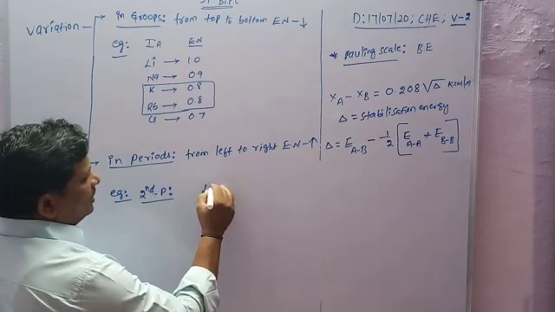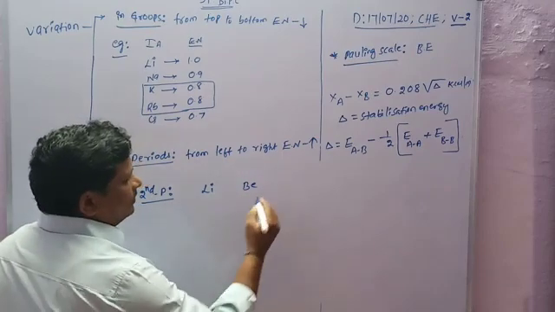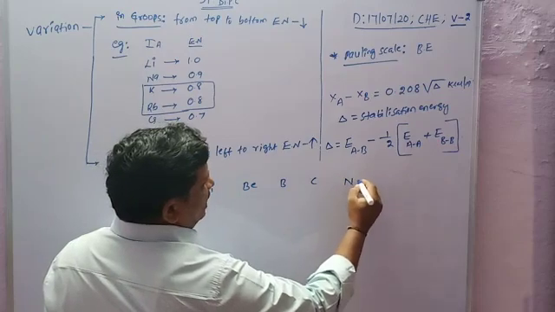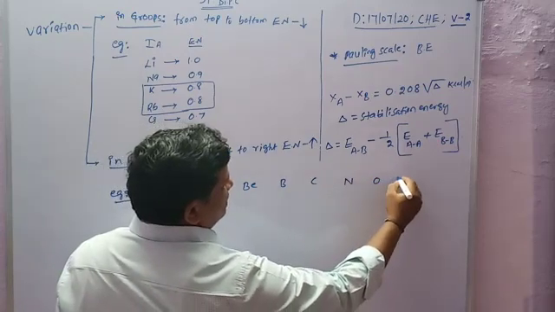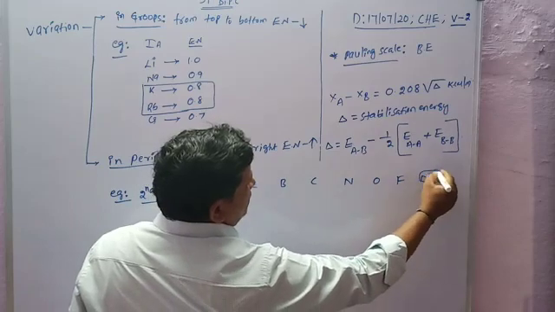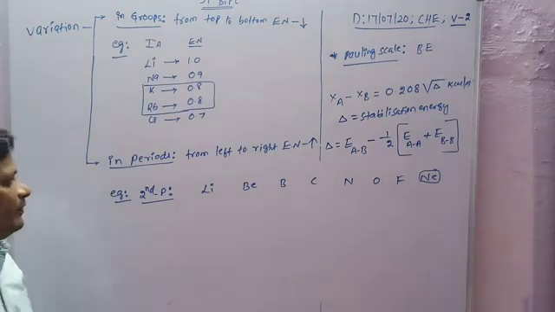Lithium, beryllium, boron, carbon, nitrogen, oxygen, fluorine and neon. Neon is a noble gas, its electronegativity almost 0.